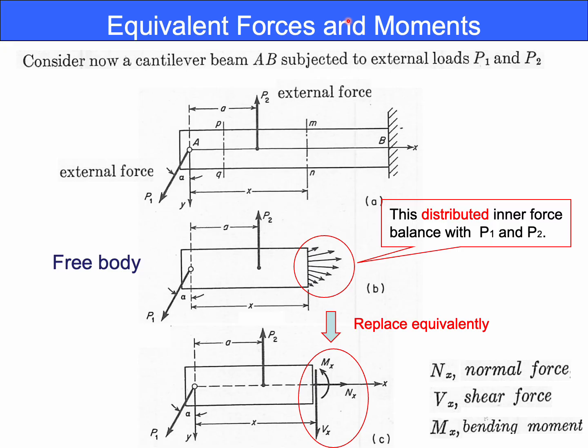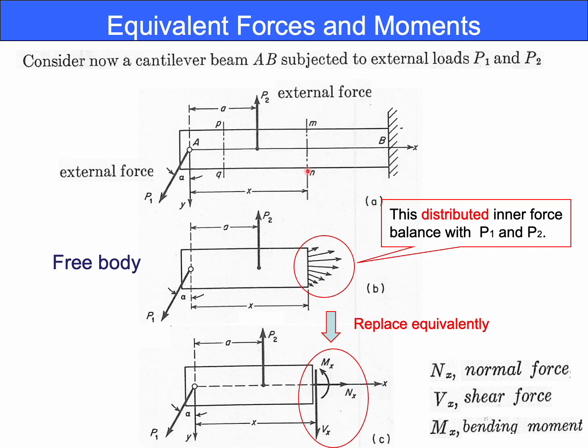To calculate these internal forces, we employ the method of sections. We conceptually slice the beam at an arbitrary point x. In this case, we define the x-axis in this direction, and at x, starting from the left hand, we consider a section.